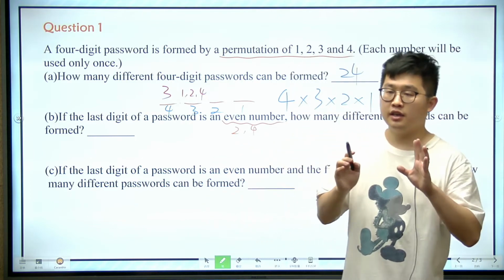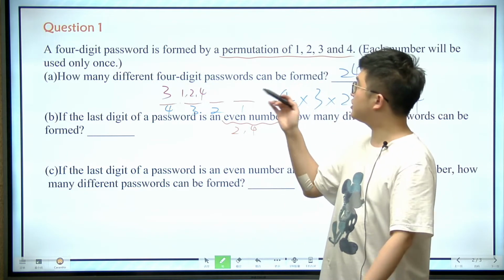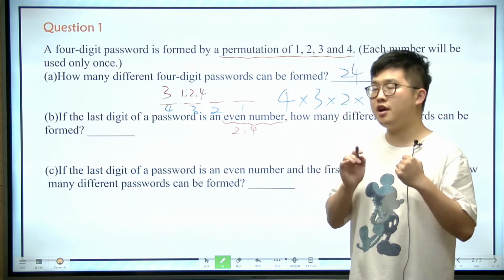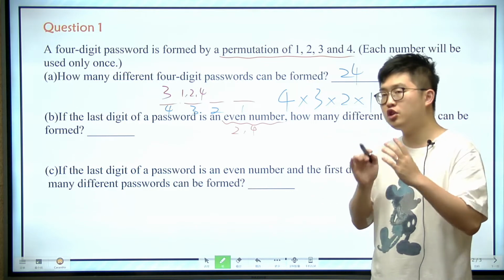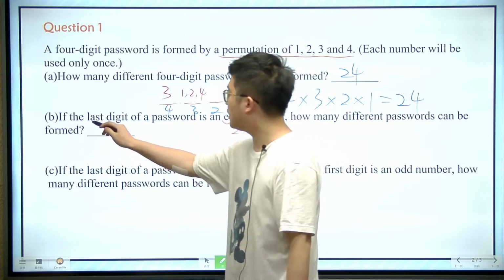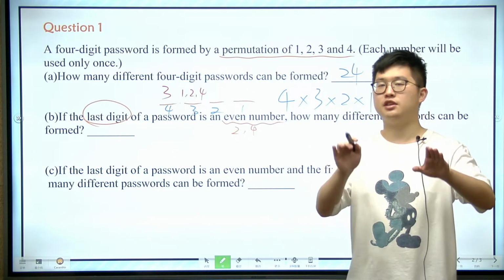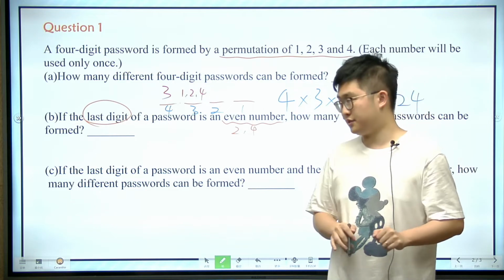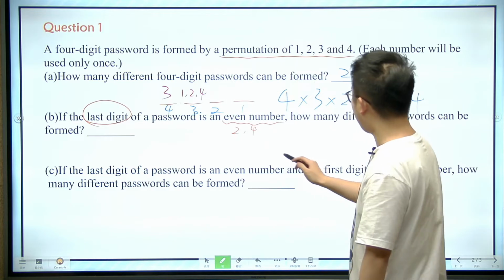Remember this: when you are solving a permutation question and there are special requirements for a certain place, for example the last digit, then we consider this place first.